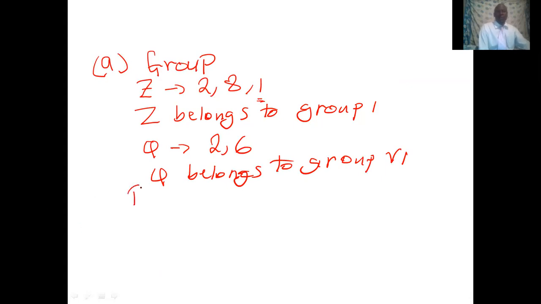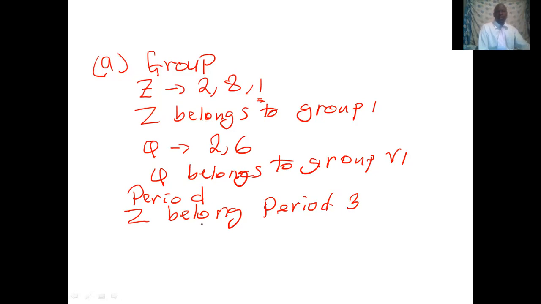So for the period, we also have to look at the electron configuration. You note that Z belongs to period 3 because it has 3 shells.